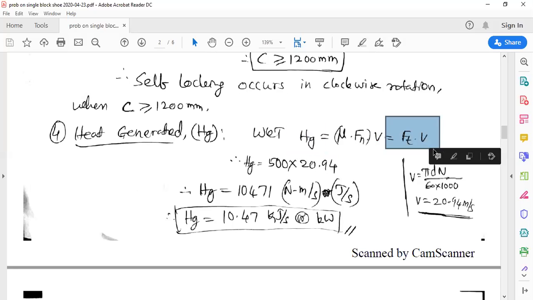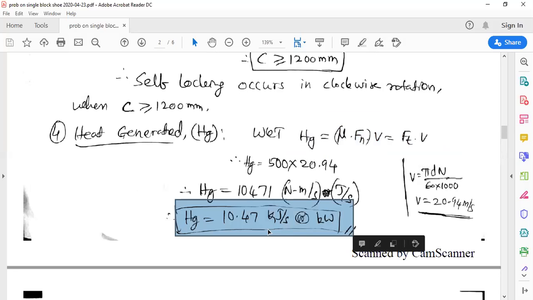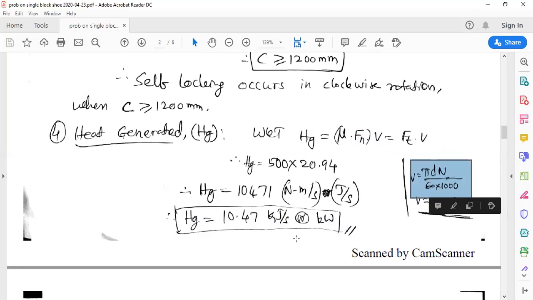You can calculate it by using Ft into V or mu into Fn into V. The value of Hg that you get here is 10.47 kilojoules per second, or kilowatt. Initially you will get the value in joules per second. The velocity is required here, which you calculate using the fundamental equation pi D N by 60 into 1000.